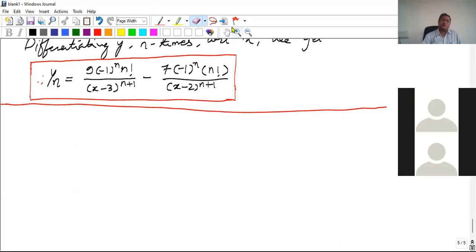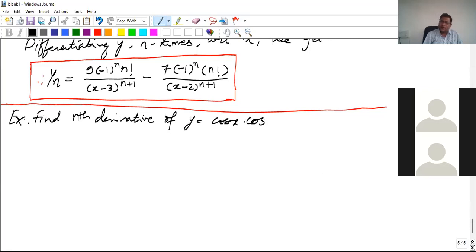Okay. So let us go for another problem. We'll go for another example. Find the derivative of y is equal to cos x into cos 2x into cos 3x.